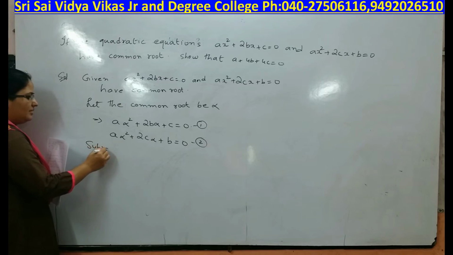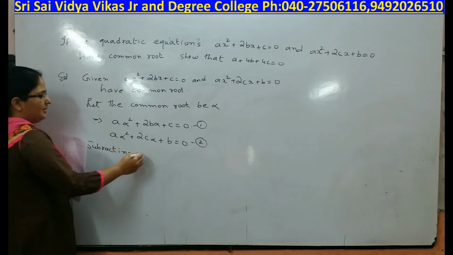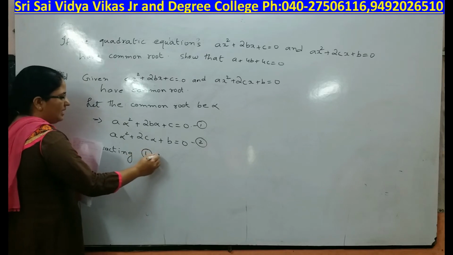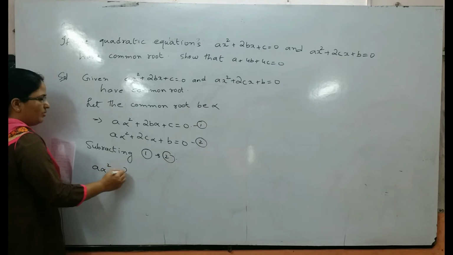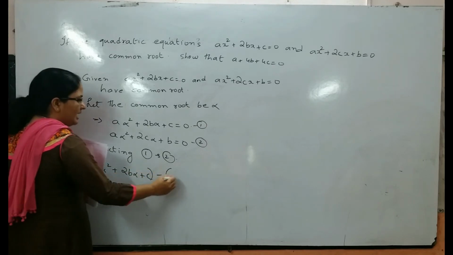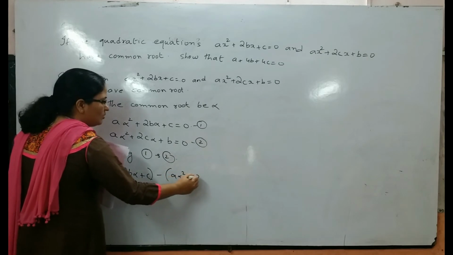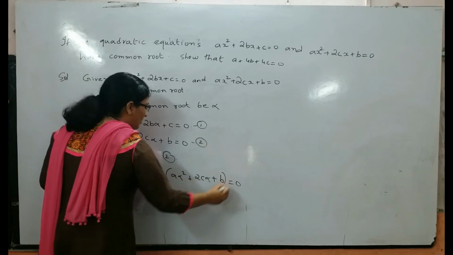Subtracting 1 and 2, what do you get? a alpha square plus 2b alpha plus c minus a alpha square plus 2c alpha plus b is equal to 0.